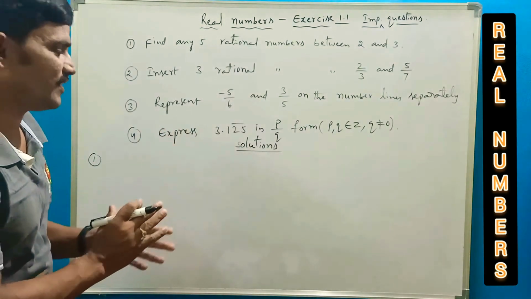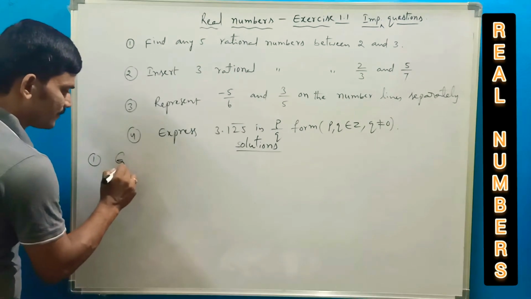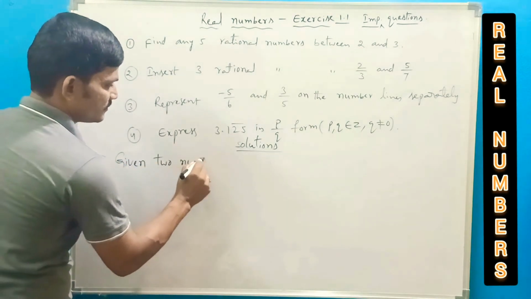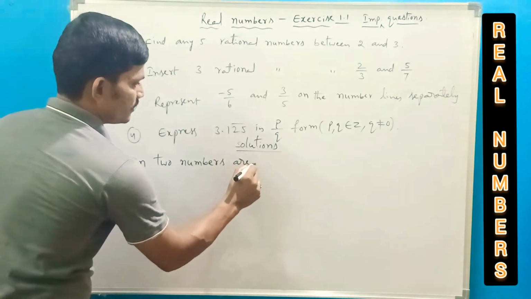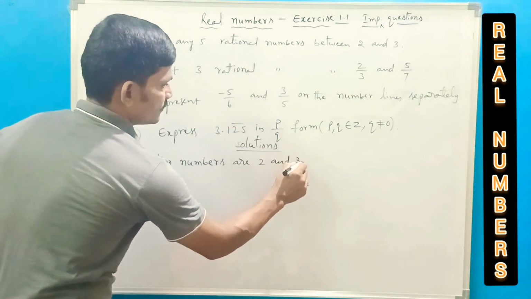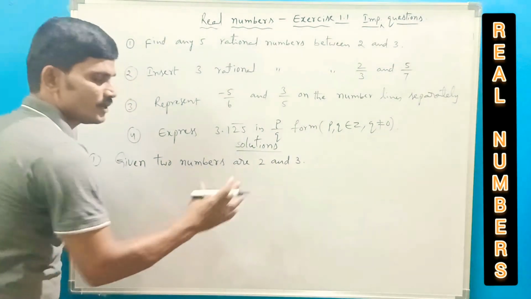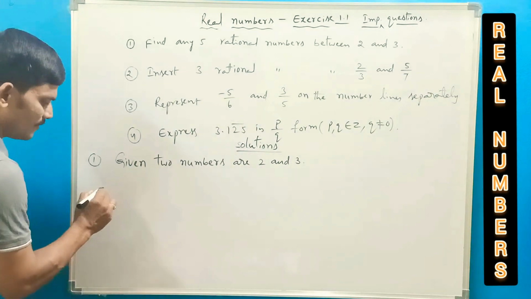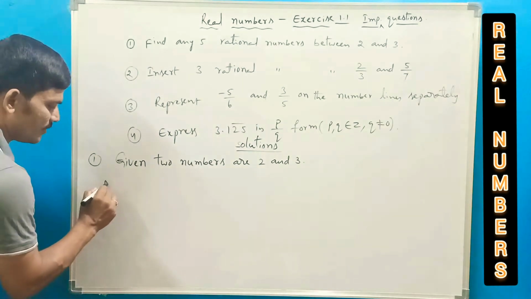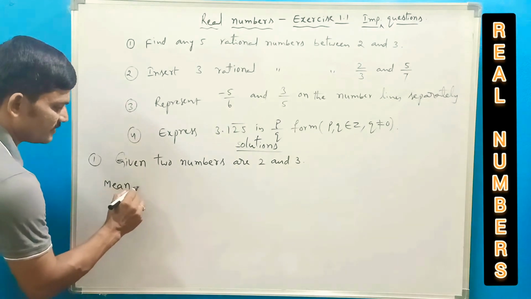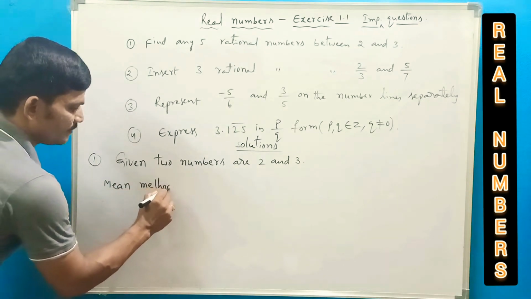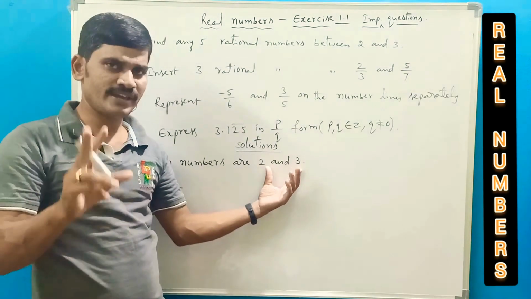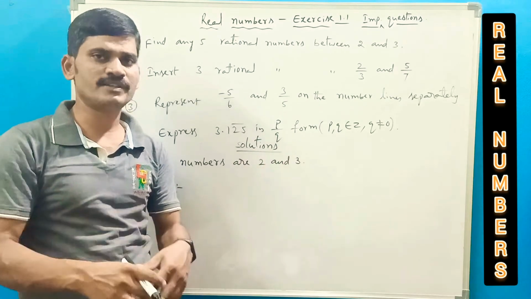Let us go for the first one. Given 2 numbers are 2 and 3. Between these 2 numbers, we can insert infinite number of rational numbers. How, we will see. First one is mean method. In mean method, the basic is the mean of any 2 numbers lies in between them.